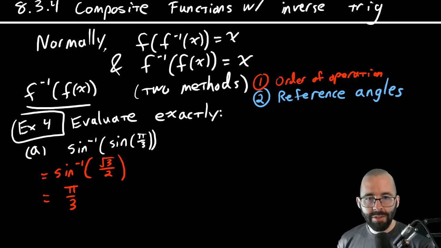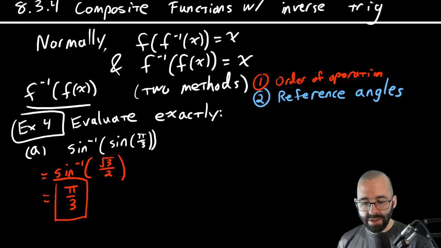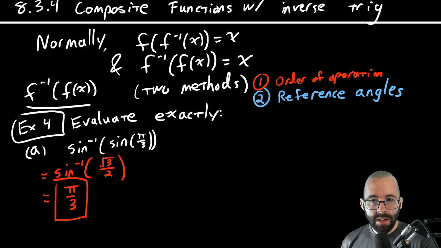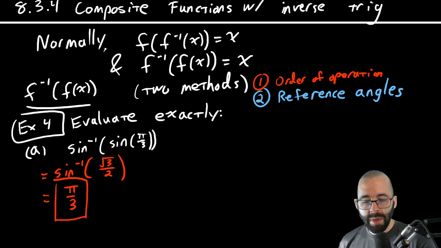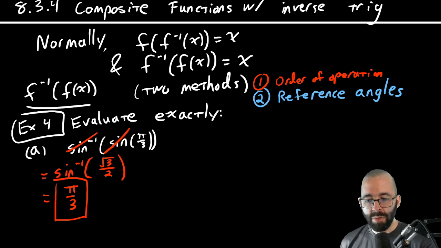So this is the straightforward bang-your-head-into-a-wall method. There's not a lot of finesse, just doing things one thing at a time. So this is one of those rare occasions. Pi over 3 is in that restricted domain. So that's why they essentially just canceled and we were left with pi over 3.